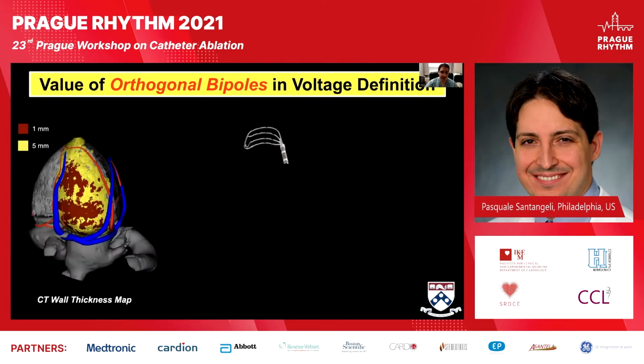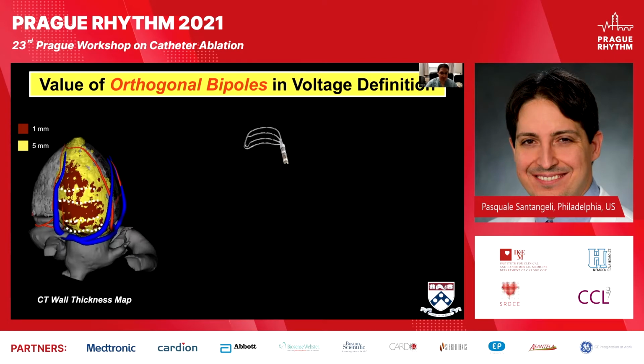And the reason why this is relevant for multipolar mapping is that there are specific catheter designs, such as the HD Grid catheter, that present equally spaced orthogonal electrodes that allow analysis of the voltage characteristics relatively independent of the angle of incidence. Here you can see a case of inferior myocardial infarction.